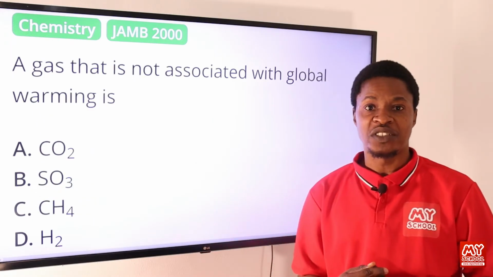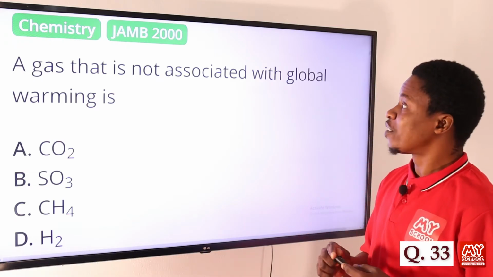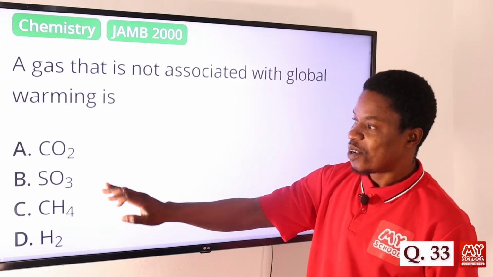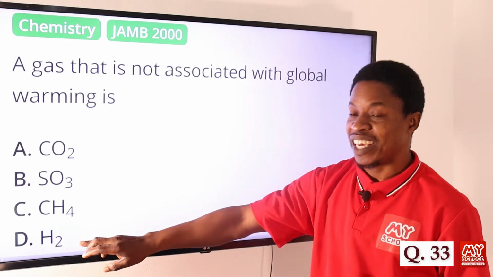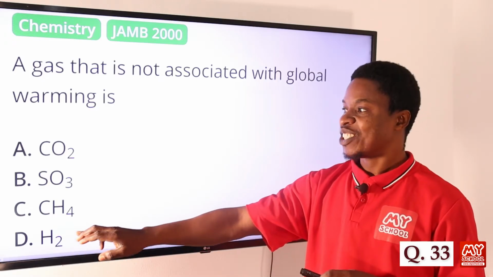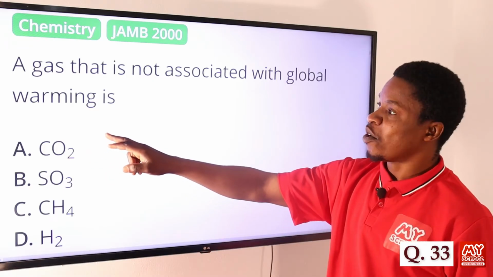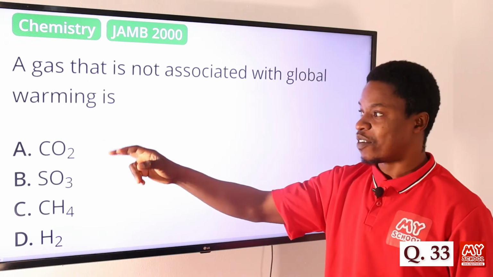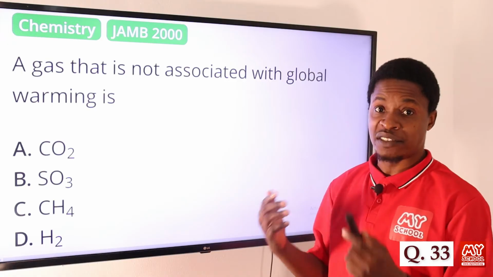Now let's move on to question number 33. A gas that is not associated with global warming is: we have CO2, SO3, CH4, H2. H2 is hydrogen. Carbon dioxide is one of the gases that causes global warming, or what we call the greenhouse effect.